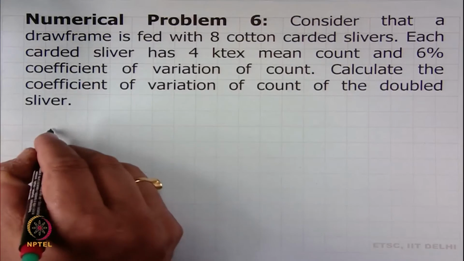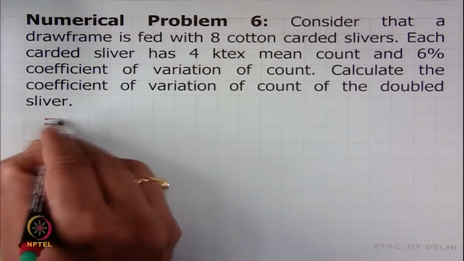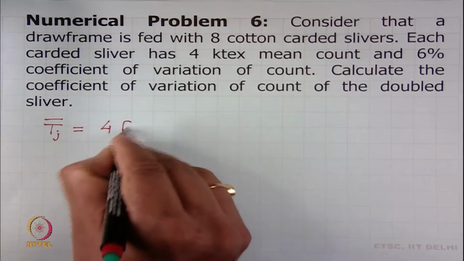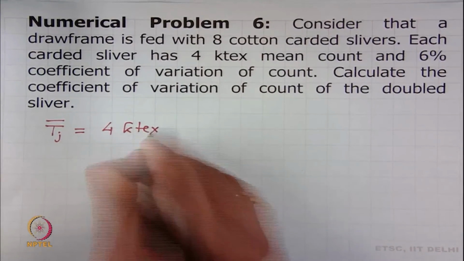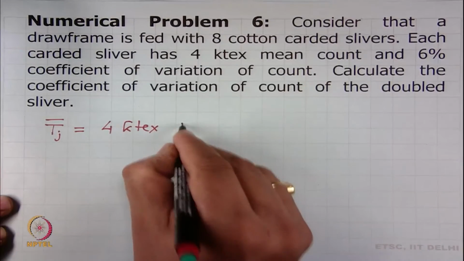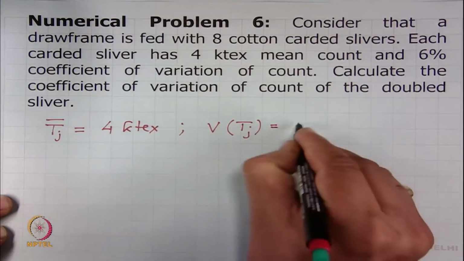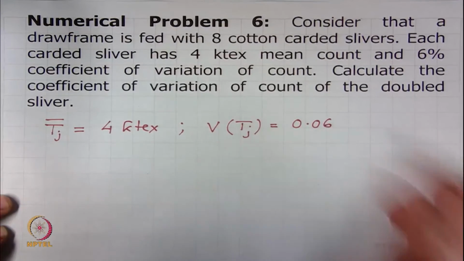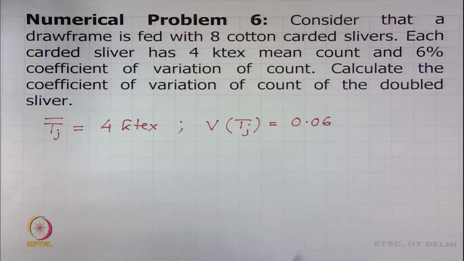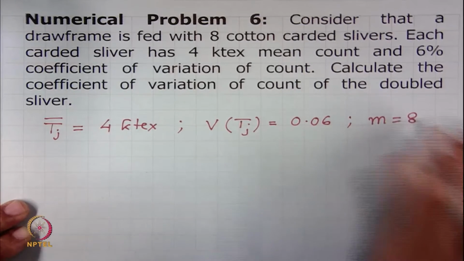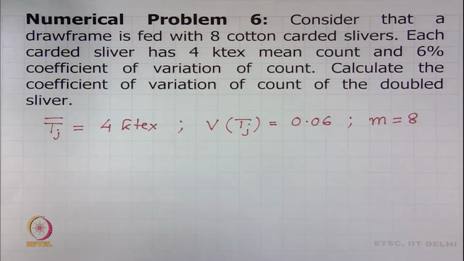So, what is given here is 4 kilotex and 6% CV, and doubling is 8. Okay.